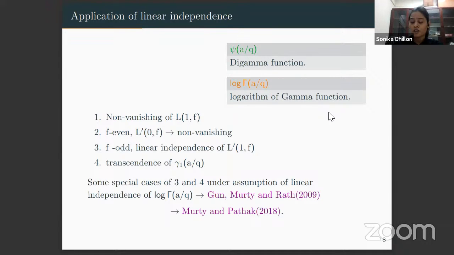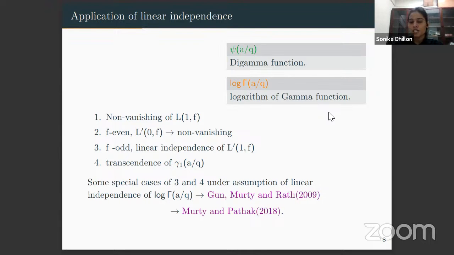So far, we have come across two types of functions, the digamma function and the logarithm of the gamma function. So one can talk about the non-vanishing of L(1, f) by using the digamma function, because L(1, f) can be written as a combination of digamma function values. Another thing is that when f is an even function, then L'(0, f) can be written in terms of a linear combination of logarithms of gamma function.